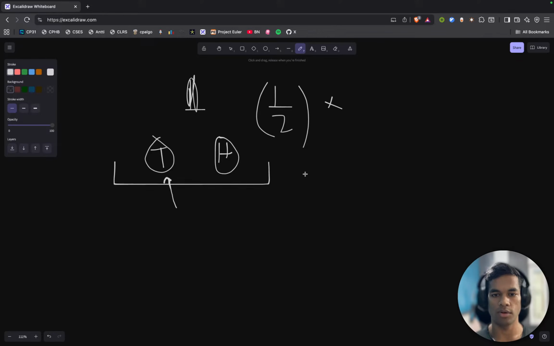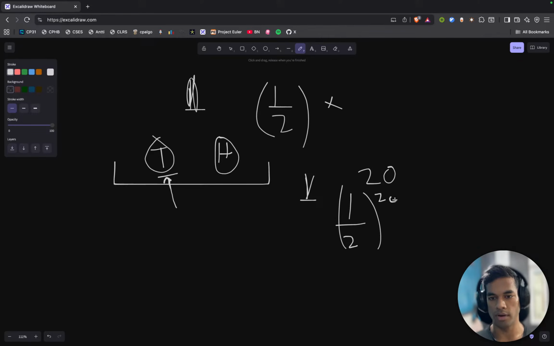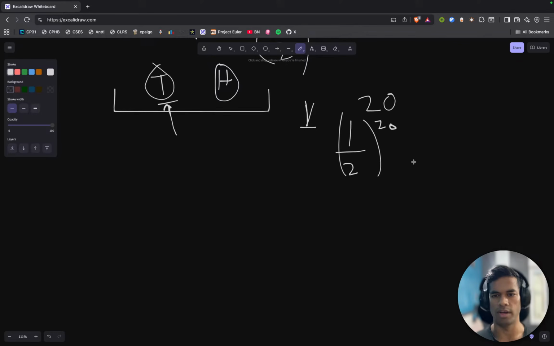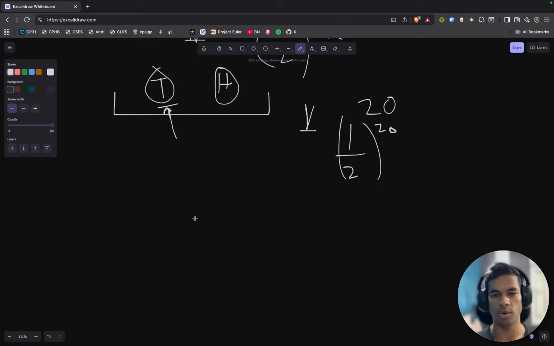If you flip the coin 20 times, the probability that you get no tails would be 1 by 2 power 20, which is about a million. So this would be 1 upon 10 power 6 about ish.